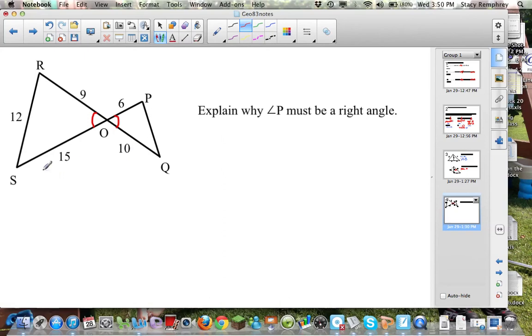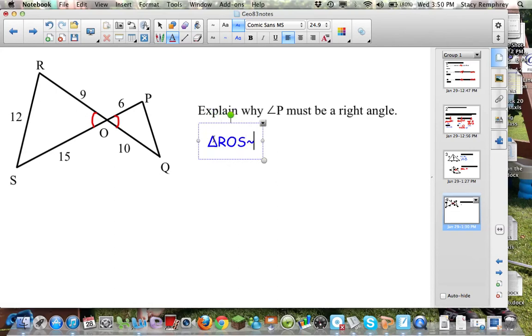So I can prove that triangle ROS is similar to triangle, make sure I go in the right direction, POQ by SAS similarity. Just making sure I have my corresponding parts matched up.